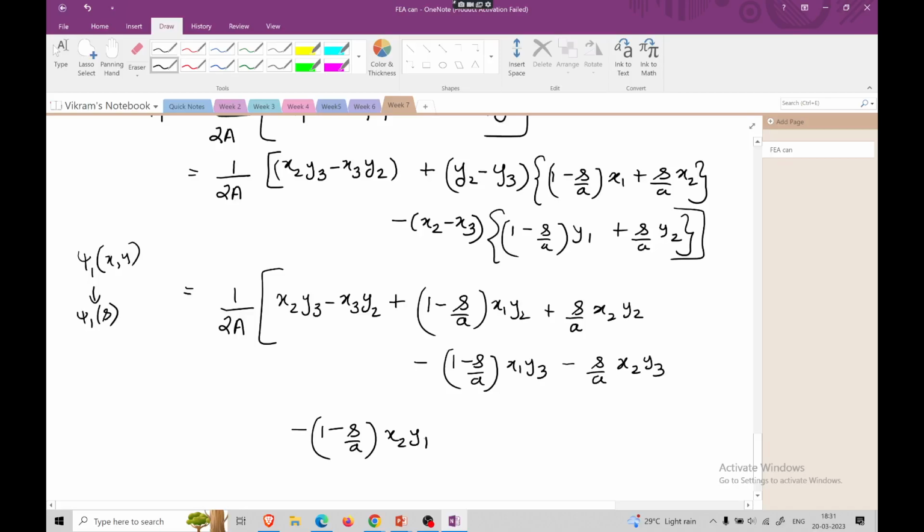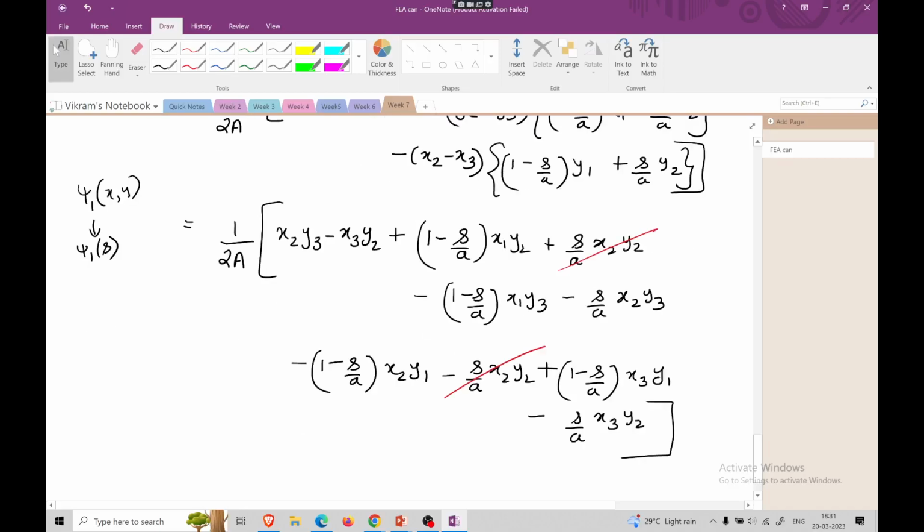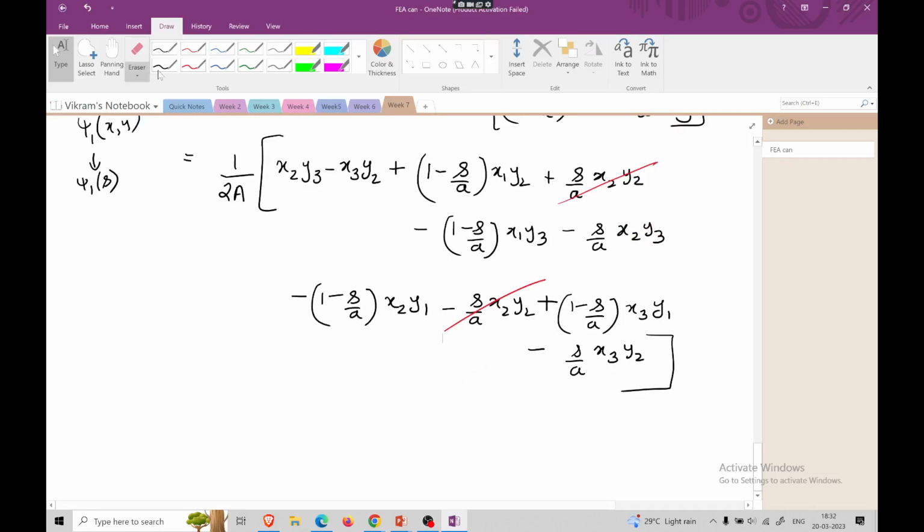I think only these two terms will cancel, x2 y2. So if I take 1 by 2a, I have x2 y3 here, I have s by a into x2 y3 here, so essentially this will become 1 minus s by a times x2 y3.